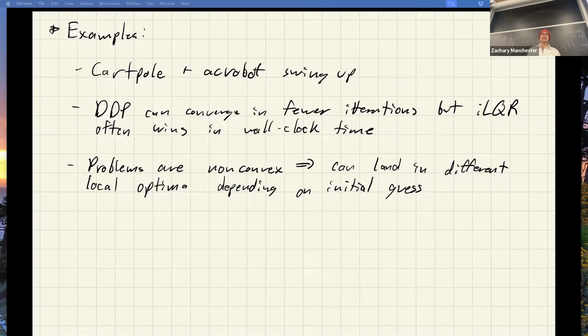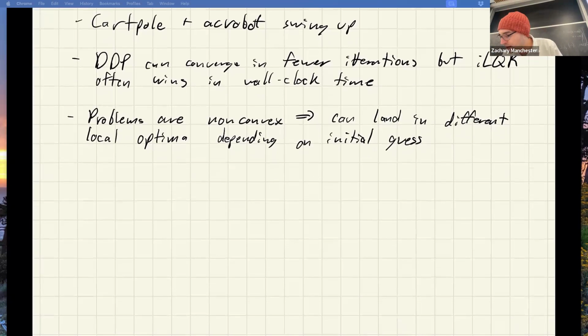We don't really get to guess the state trajectory. We only get to guess the controls. Then we roll those controls out with the dynamics to kick things off. And that's a key property of these kind of algorithms. They are always dynamically feasible. They always obey the dynamics because we're always doing rollouts, right?